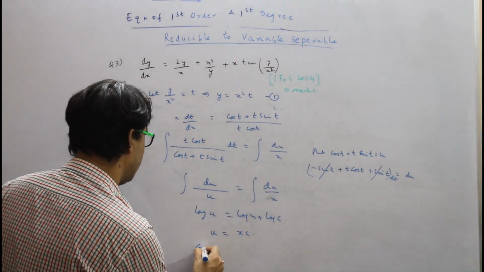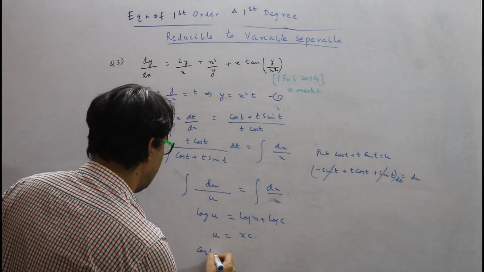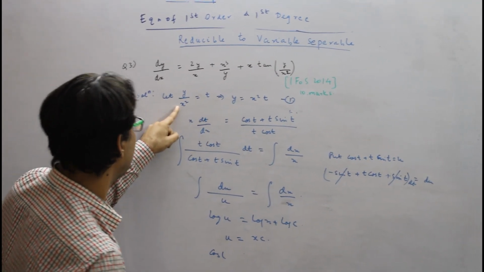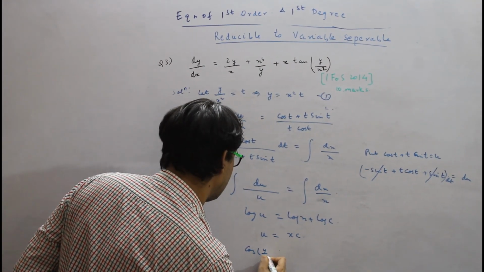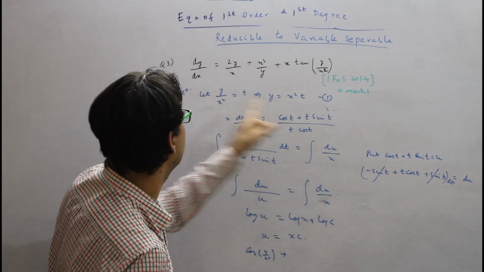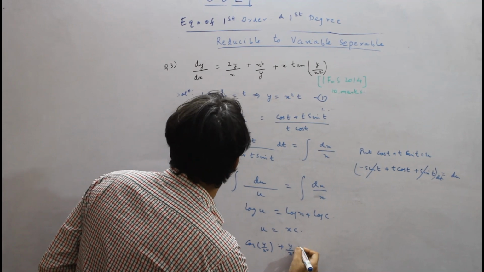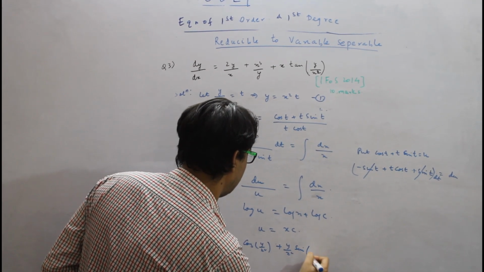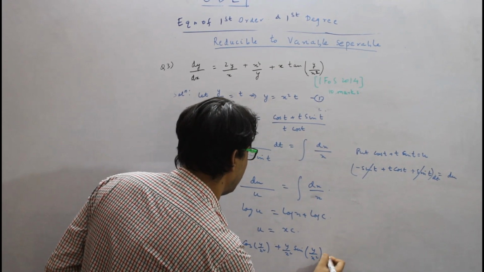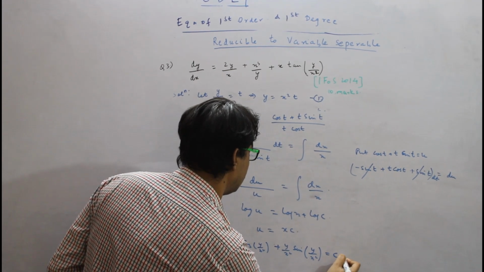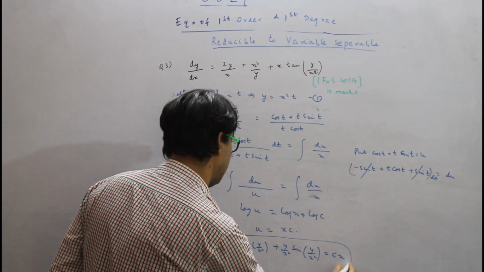So we can write cos of t, in place of t, we can plug back the value, that is y by x square, plus of t. T is what? Y by x square into sine of y by x square is equal to x times c. So this is our answer.